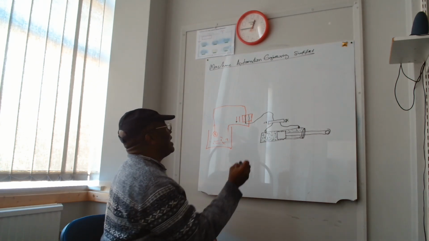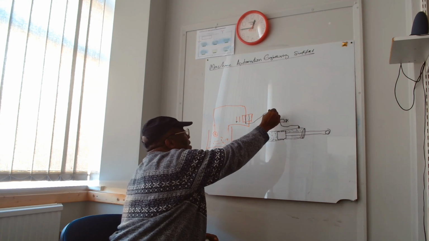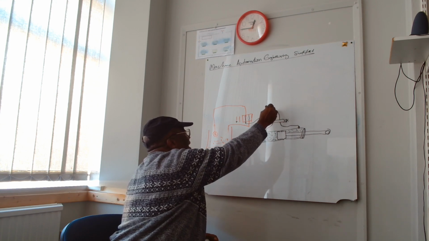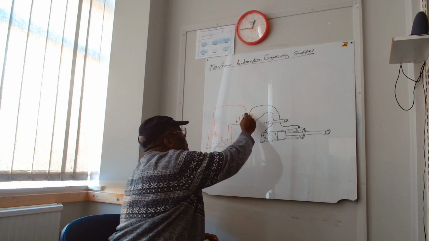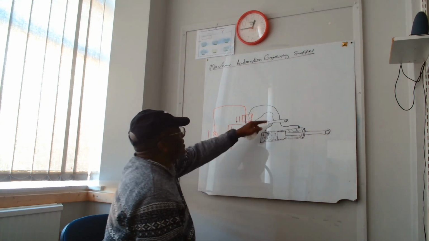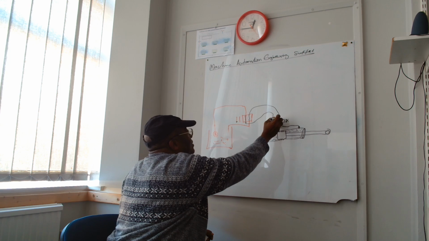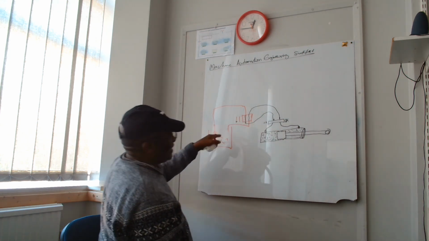All right? And then this one is here, which takes you back to the tank. Okay? Exactly what it is. So this is the inlet bringing the pressure here. And constantly, this one will take the pressure back from here to the tank.